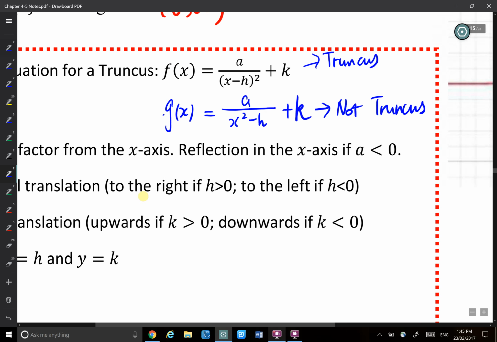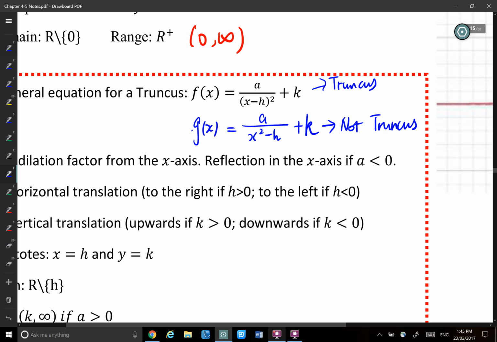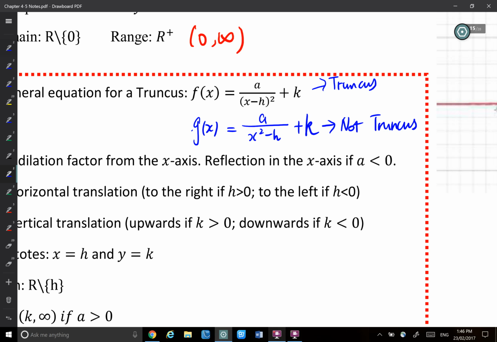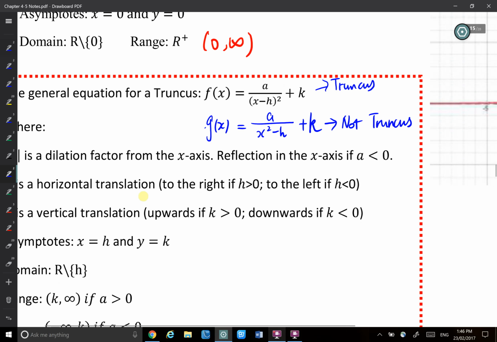Okay, if you learn Spanish, you will know what it is, but this is not a truncus. It must be the whole thing squared. The bottom should be in the square form, and that is a truncus. That's a reciprocal function, the bottom is a reciprocal function. You are not going to do this in Methods, so that's not a truncus.